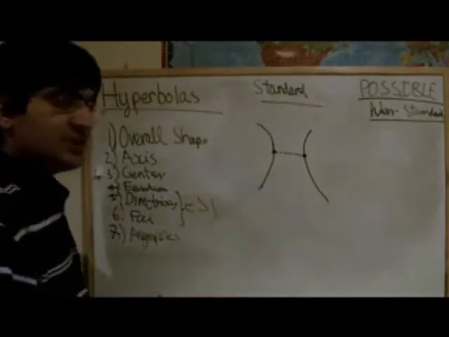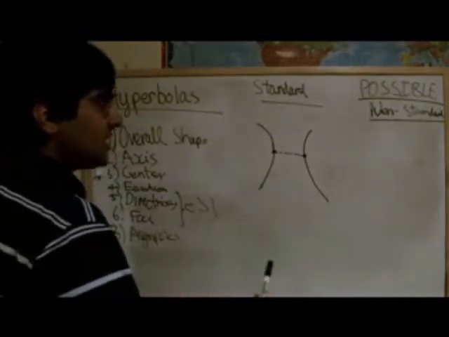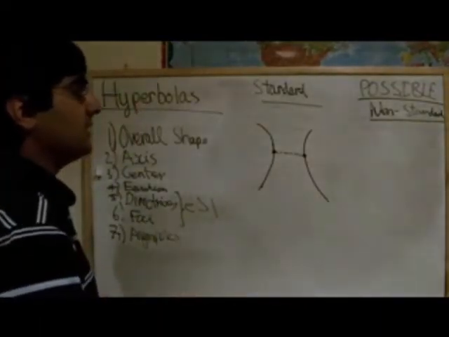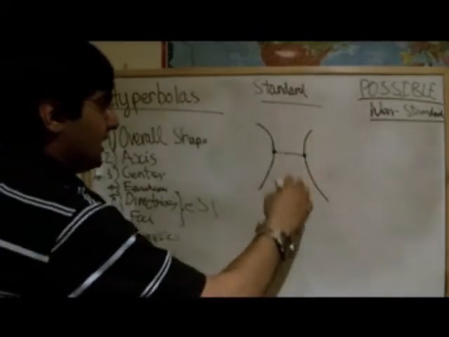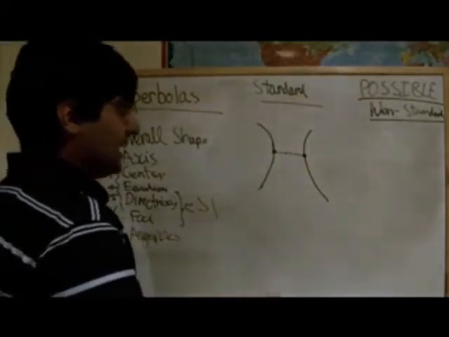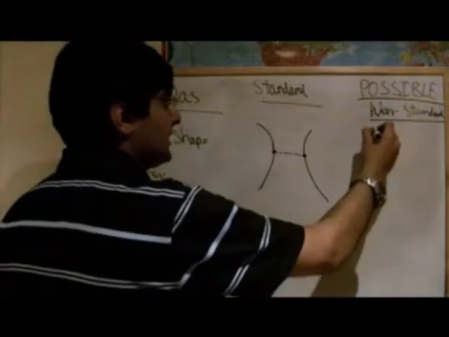Now, I'm going to take a slight tangent here. Let's discuss a possible non-standard hyperbola. This is probably what a standard hyperbola would look like. But in exams, you might come across hyperbolas which look like this.